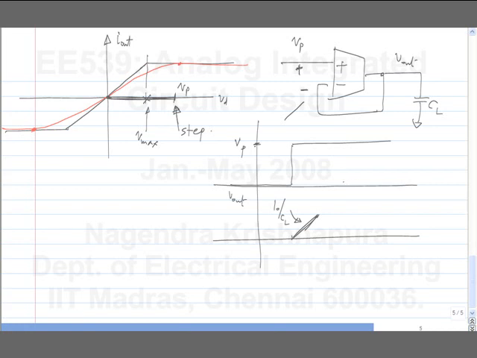Once it falls here, then the output current is proportional to the difference voltage of the differential pair. So from that point onwards, it will follow this exponential. Of course, it will have some initial condition, which is Vmax, and then it has a time constant 1 over omega u. So that's what happens with slewing.